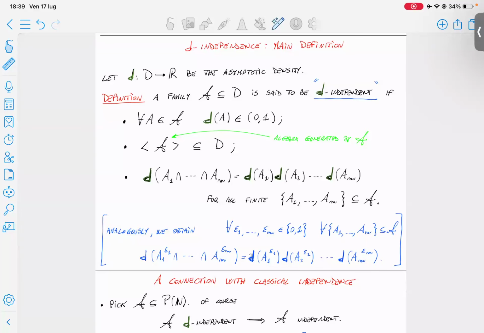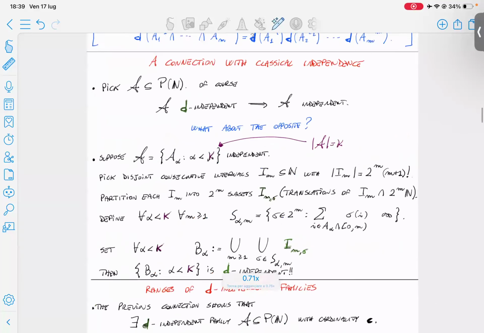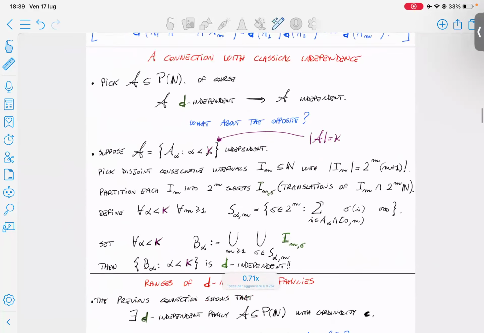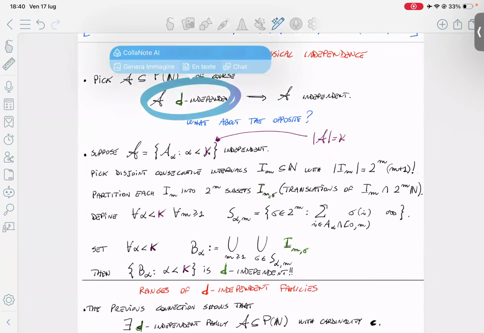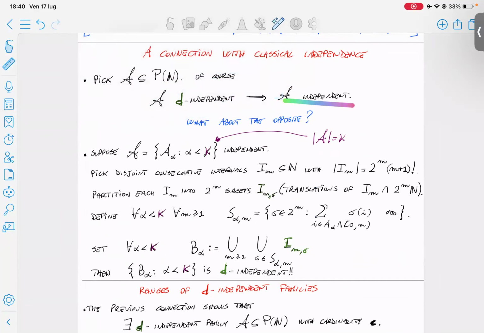Okay. Now, one connection with the classical independence. First of all, if we take a family A, a family of subsets of naturals, then of course, directly from the definition that we just gave, the independence implies the classical independence. This is stronger, because in the classical independence, we just require that all the possible intersections, whatever the exponent, are infinite.